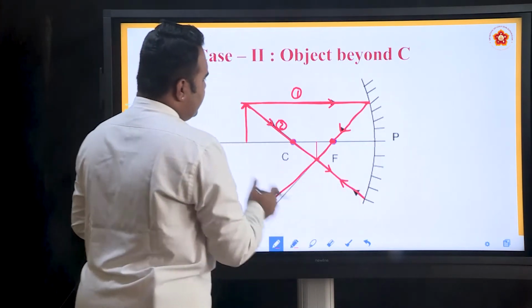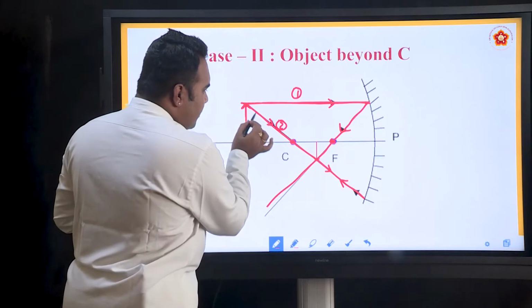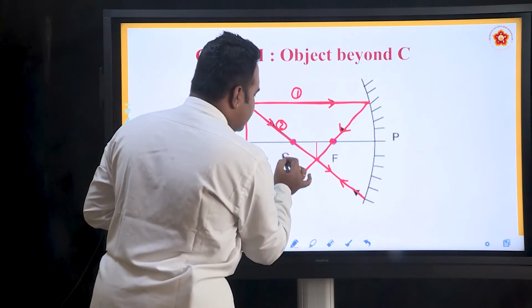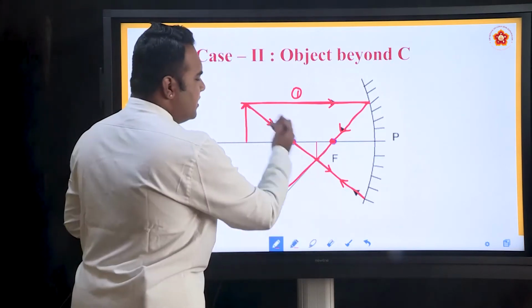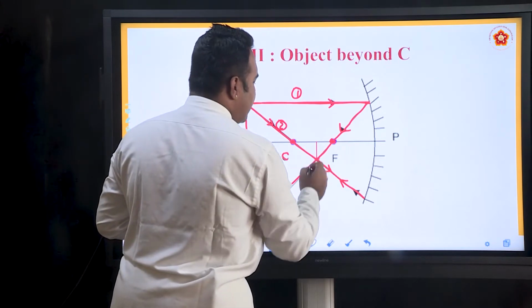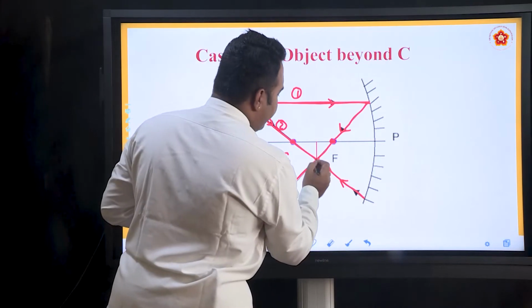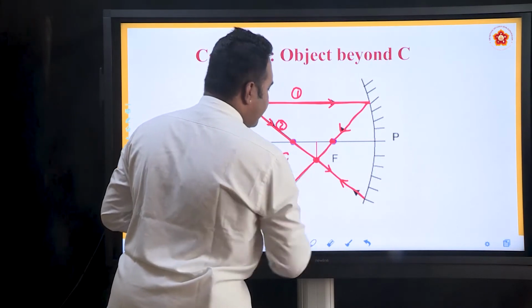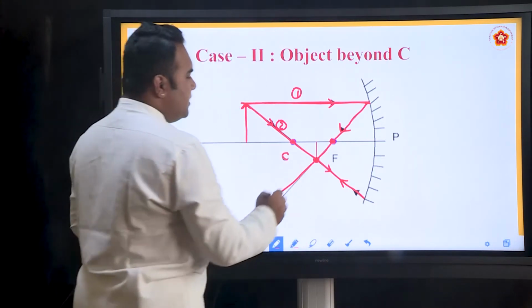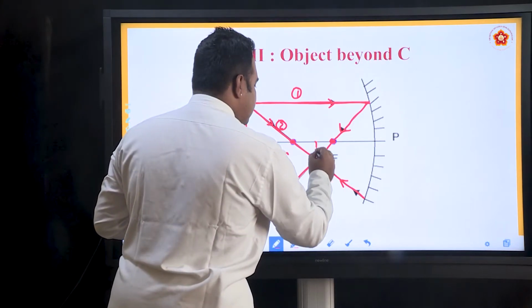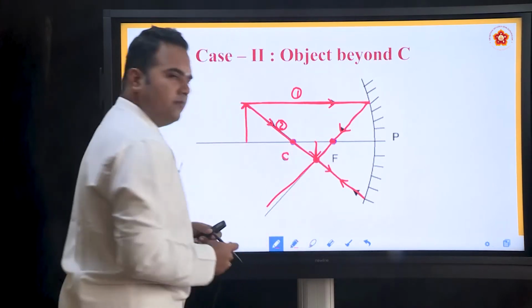Out of many other rays of light, that particular ray of light which passes through the center of curvature, after the reflection retraces back along the same path, which means the first ray of light and the second ray of light are meeting at this point. So, which means what? My image is formed here.